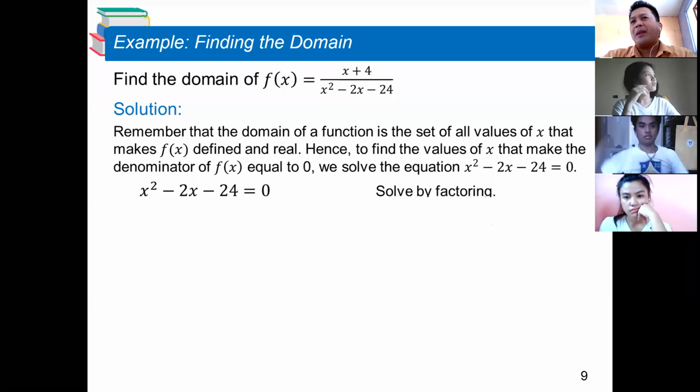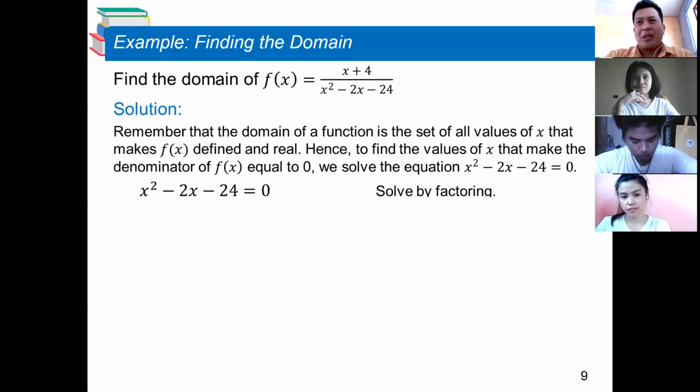Still remember the quadratic formula? Negative b plus minus the square root of b squared minus 4ac over 2a. Or the simplest, since I am making sure that all values in your denominator here are factorable, let's apply factoring. Guess what are the factors of x squared minus 2x minus 24?